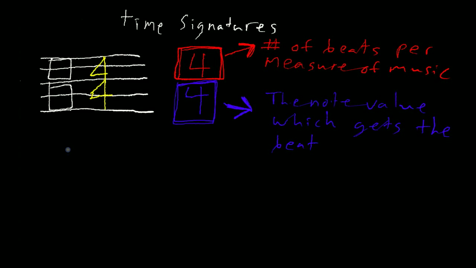So let's get some intuition behind this. Let's say our time signature was something weird. Let's say we had 5, and let's say the note value which gets the beat is, let's just make something up, A. It's a totally silly time signature, but what it's telling us is that in every measure of music, we have to have 5 A's.